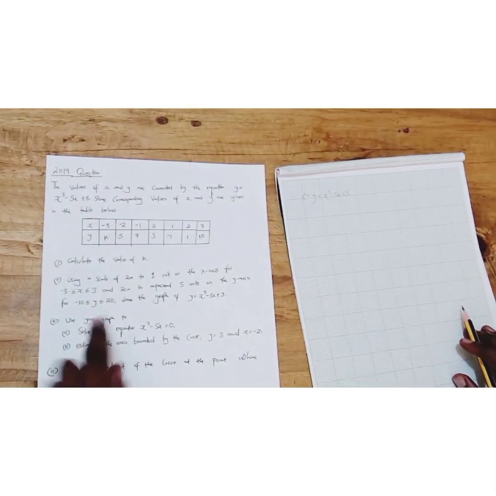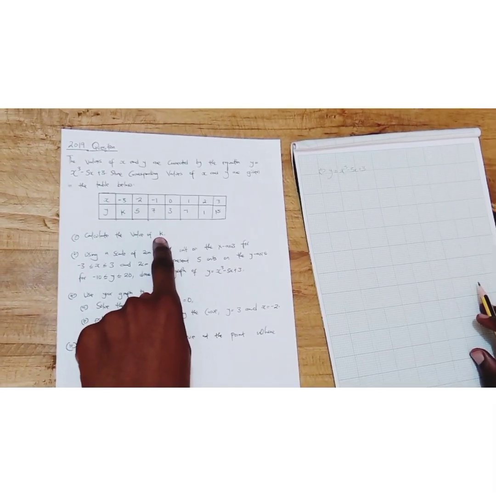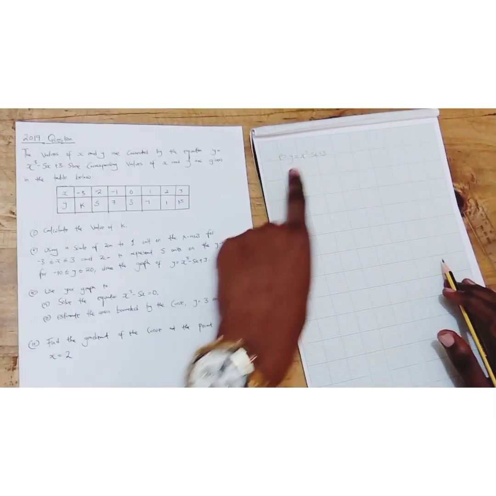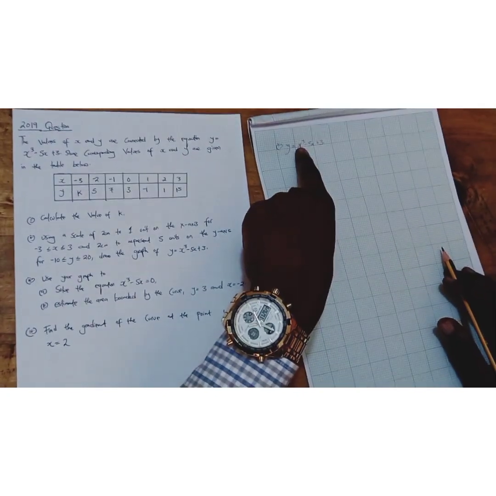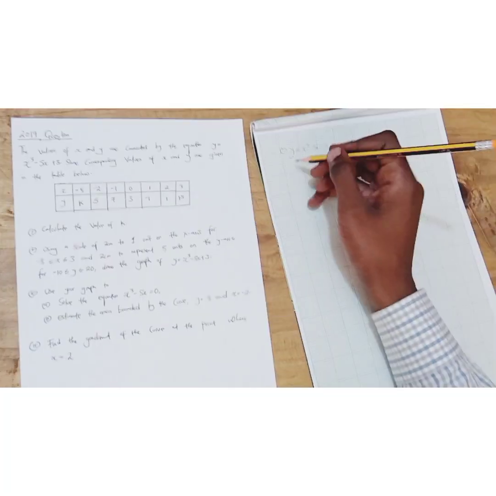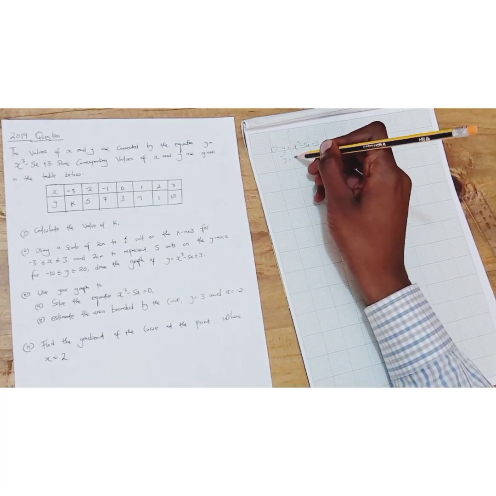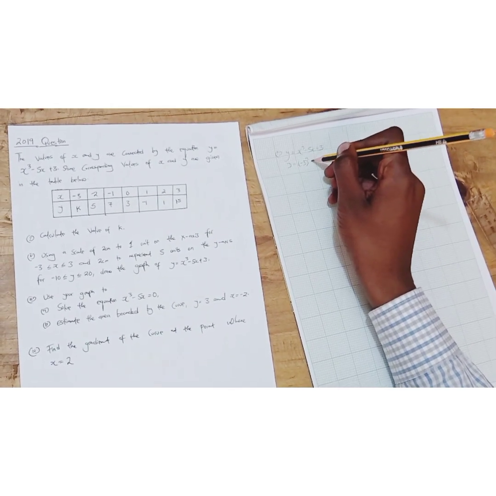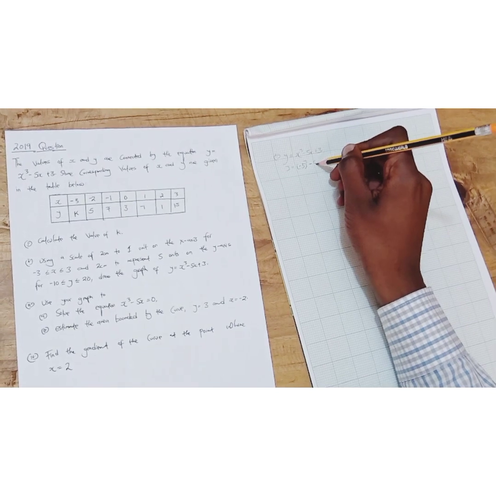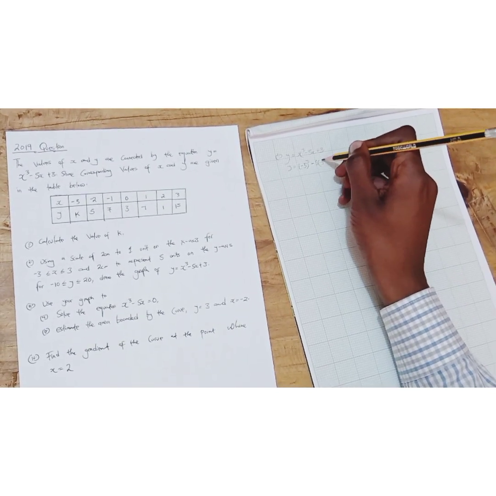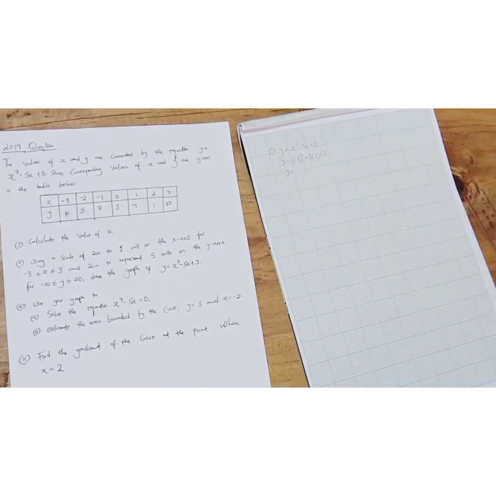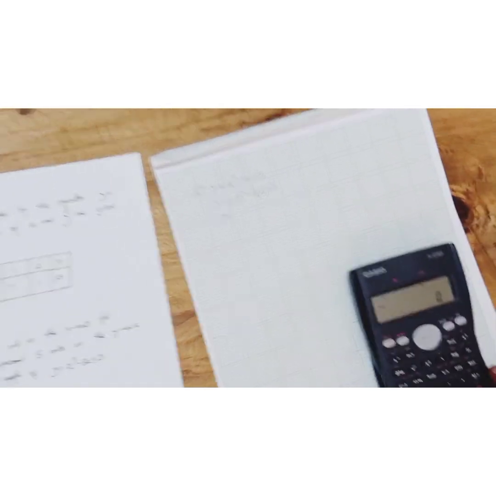So check this. They want you to find k. So calculate the value of k. Check where there's k. What is my x? It's -3. So where there's x here, I'm putting -3. So y equals -3 to the power 3 minus 5 times -3 plus 3. Let me use my calculator.